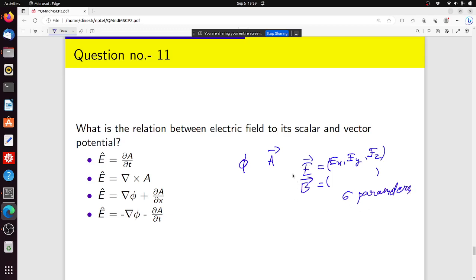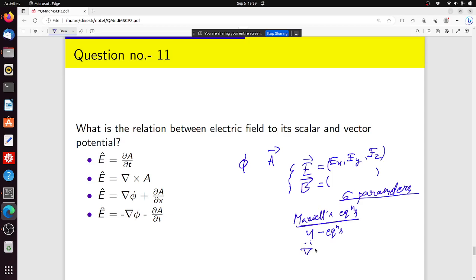And the dynamics of the electric field and magnetic field are described by Maxwell's equations. So how many equations do we have? 4 Maxwell's equations. So 4 equations and 6 parameters. Actually it's not exactly 4, effectively we have 4.